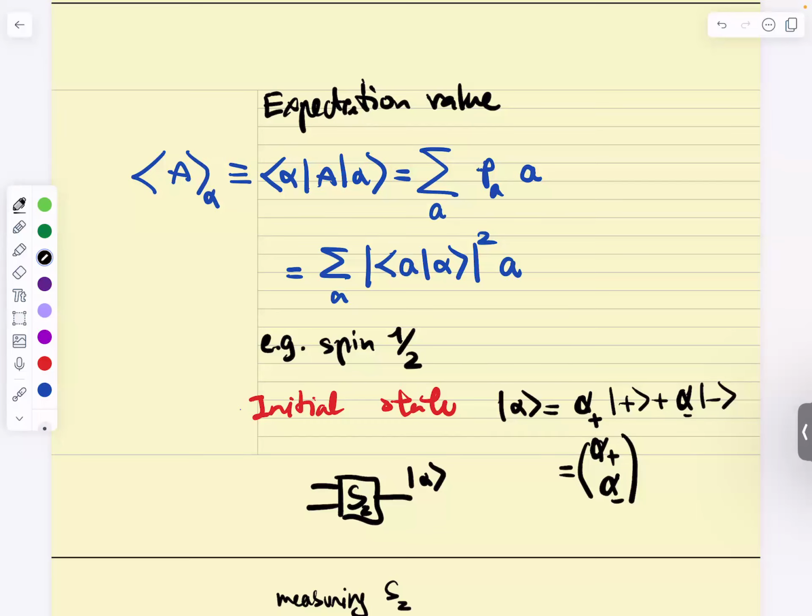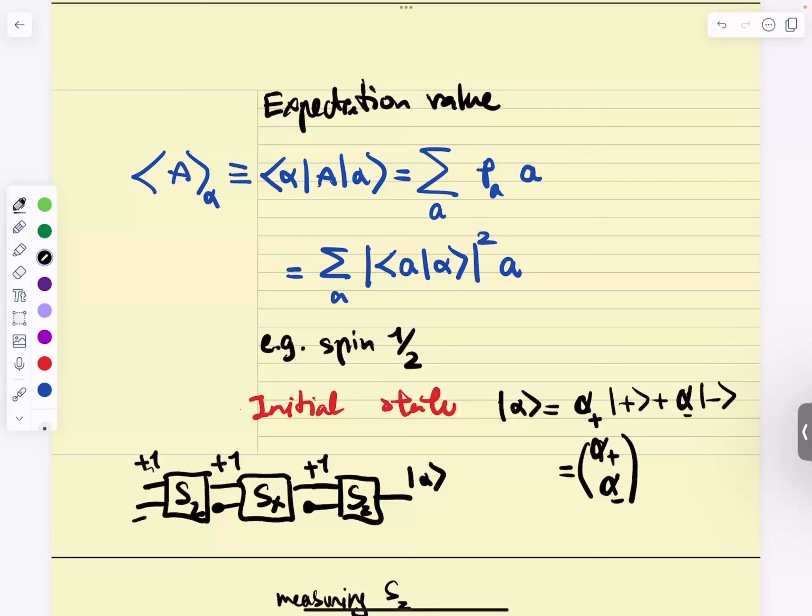And if you recall, the key part of Stern-Gerlach was that we first measured S of Z, then sent it through a measurement of S of X, kept, for example, +1, and then sent it again through a measurement of S of Z, and then saw that both of the outcomes can come out, right?